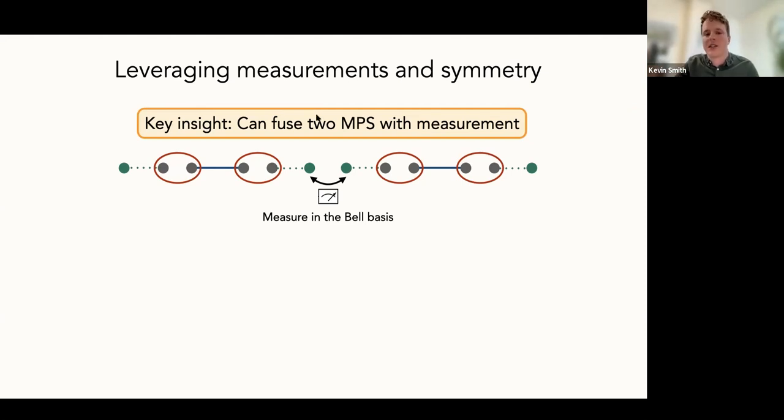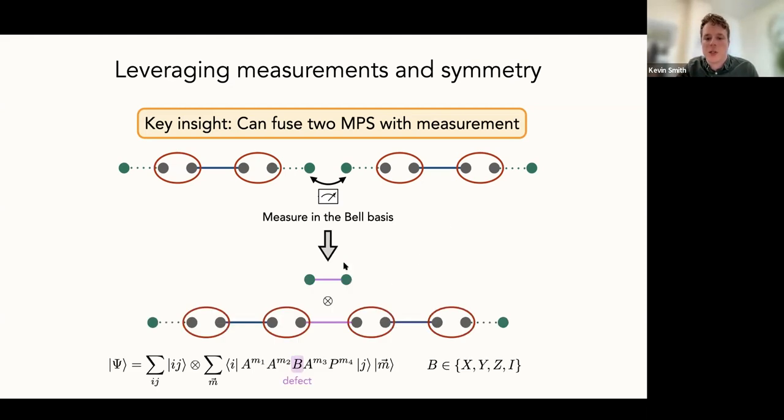So the basic idea is if we have 2 little AKLT chains, and we now make a measurement that entangles these 2 memory qubits, say we measure it in the Bell basis, then what that's going to do is prepare the following state, where now we have some Bell pair here, which is of course probabilistic. And paired with that is something that almost looks like the AKLT state, but with some random bond thrown in here.